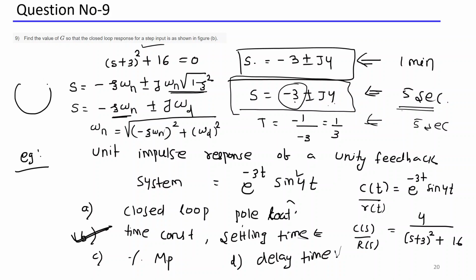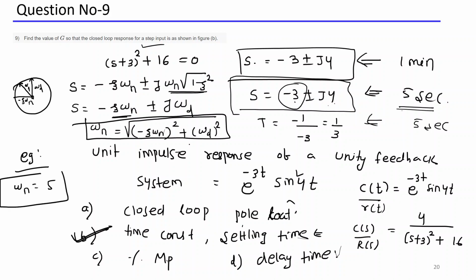And it is nothing but a circle. If this is your minus zeta omega n and this is your omega d, then the radius of the circle is nothing but your omega n. It means the hypotenuse is your omega n, right? So by looking at this, I can say that my undamped natural frequency omega n is 5, because the square root of 3 square plus 4 square is 5.